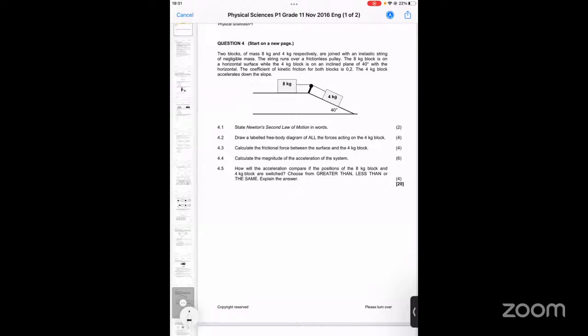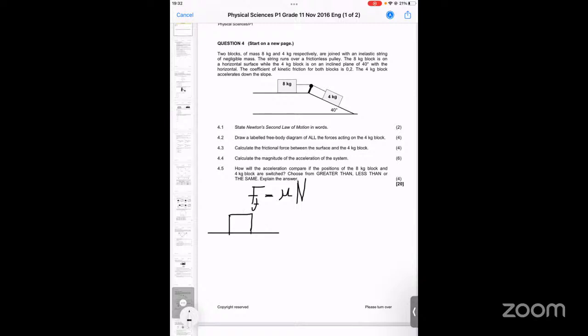But I'll explain something, Serene. So this is what happens. What we know is that the formula for calculating frictional force is equal to mu times the normal force. So now this is the situation, Serene. Let's say an object is on a flat horizontal surface like that one.